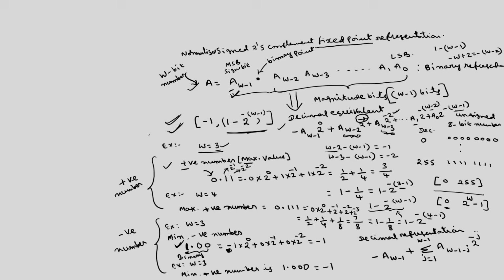Is it satisfying this? Anyhow, this is minus A_{W-1} 2^0, which is minus A_{W-1}, this is okay.